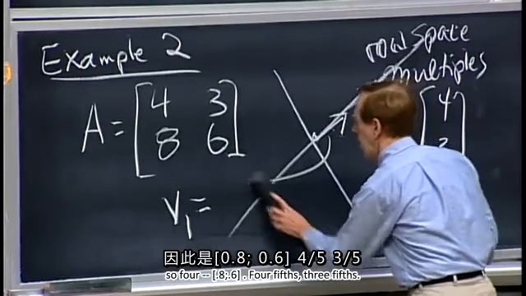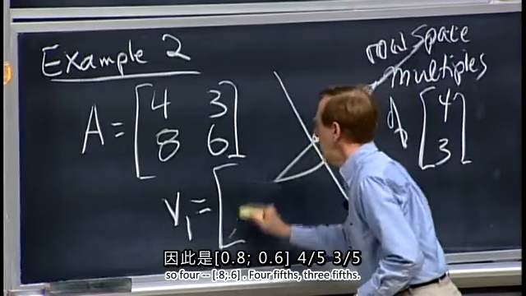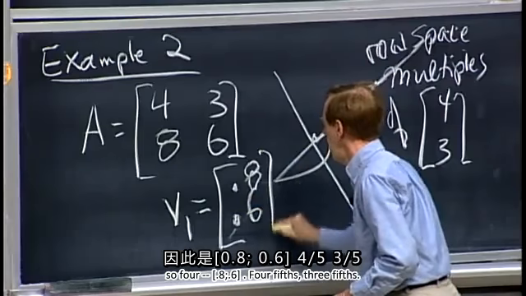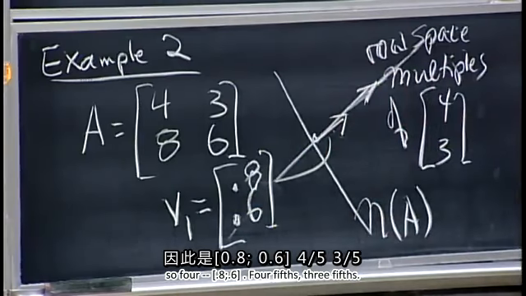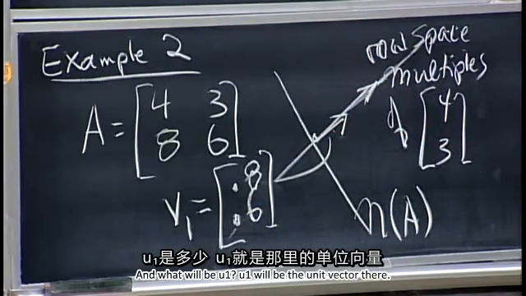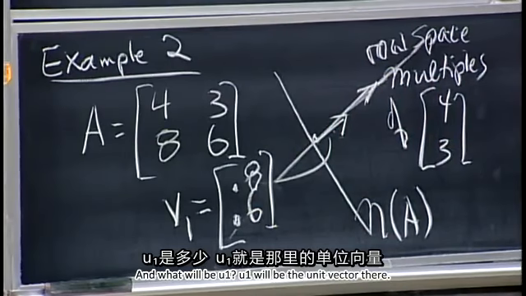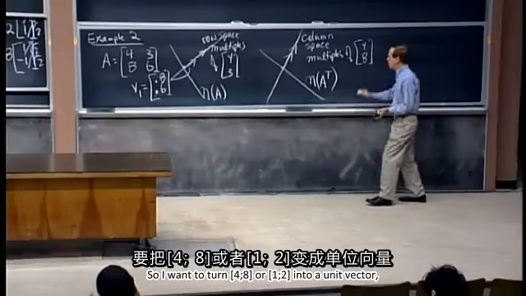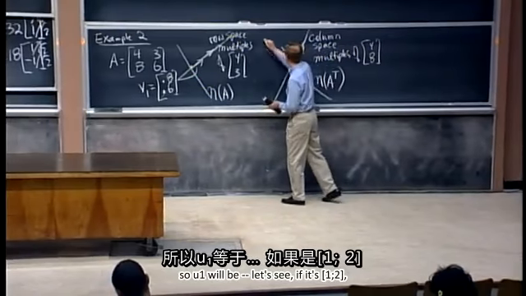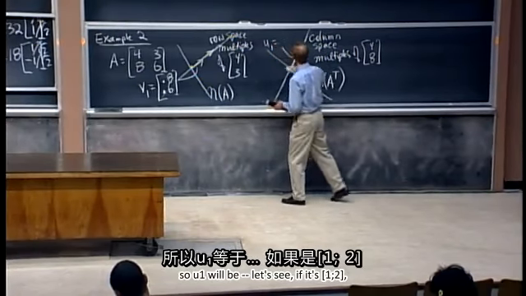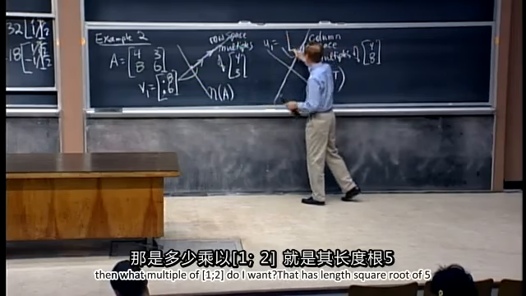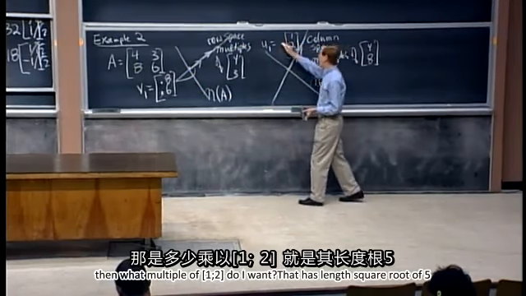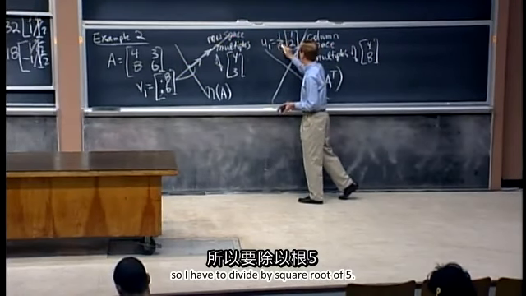So 0.8, 0.6. 4/5, 3/5. And what will be U1? U1 will be the unit vector there. So I want to turn 4, 8 or 1, 2 into a unit vector. If it's 1, 2, what multiple of 1, 2 do I want? That has length square root of 5, so I have to divide by square root of 5.